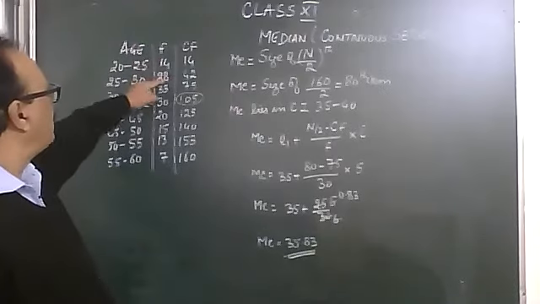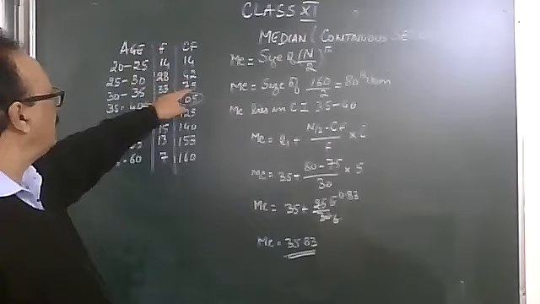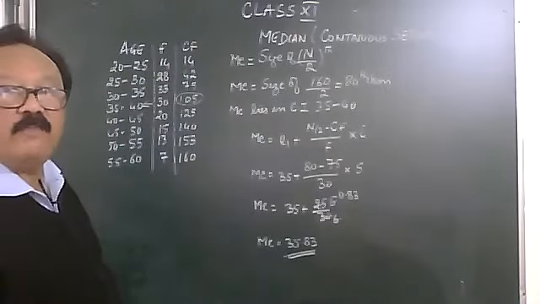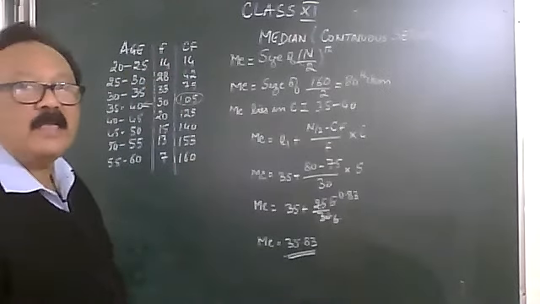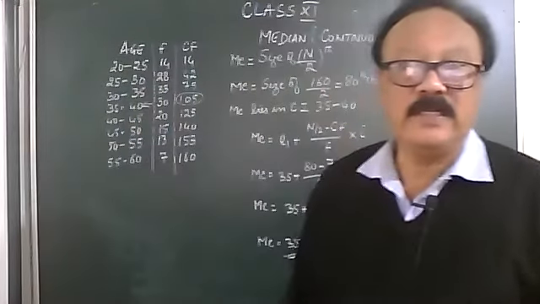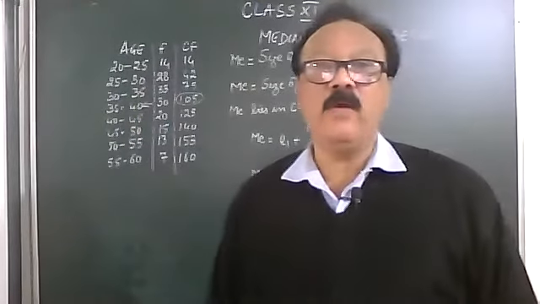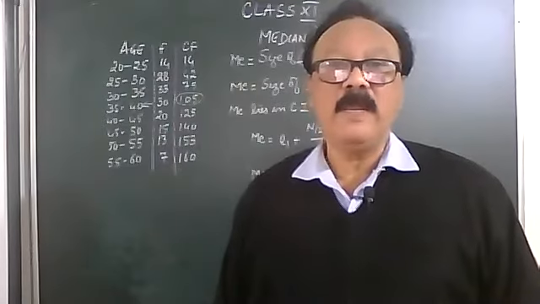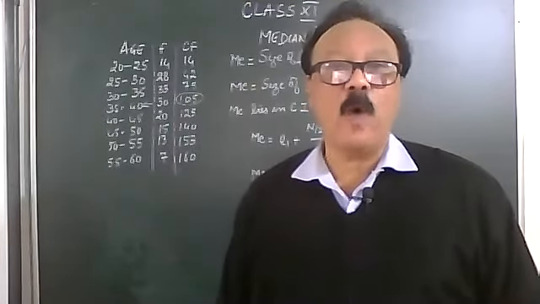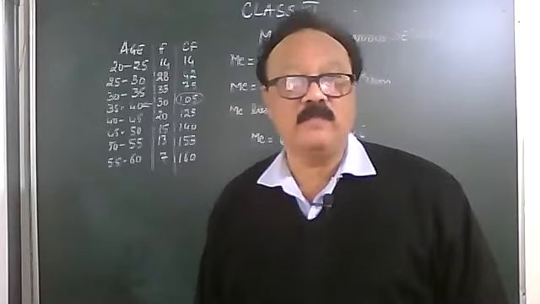So 14 plus 28, 42 plus 33, so we get a CF, and we have the CF done. First step. Then, like I said, in the individual and in the discrete series, children, we were finding the median with the formula of median is equal to size of n plus 1 upon 2 item, wasn't it?